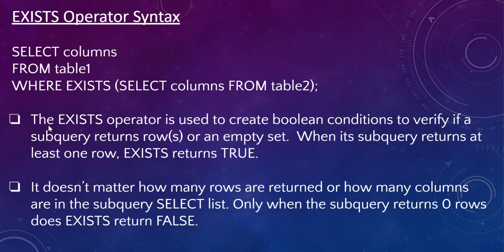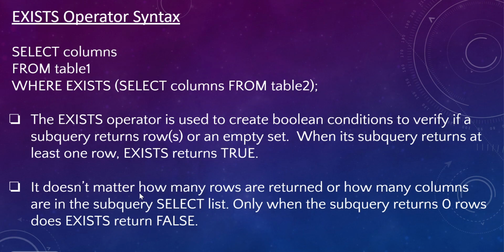However, for now you should try to understand the concepts related to this exist operator. The exist operator is used to create a boolean condition to verify if a subquery returns rows or an empty set. When its subquery returns at least one row, exist returns true.